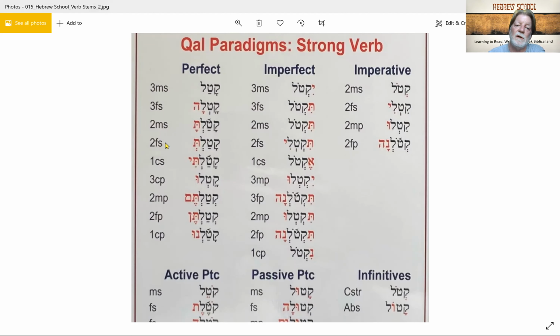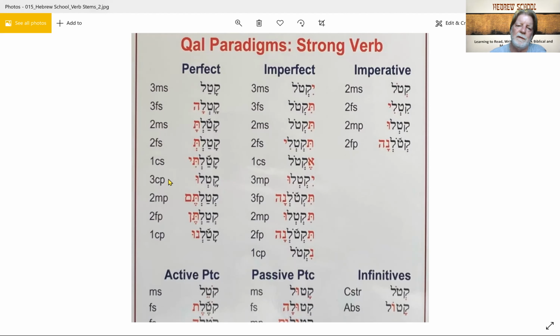Second feminine singular, speaking of a woman, did something. Then we've got the first common singular, that's first person, that's something that I did, whether male or female. Then we've got the third person common plural, not based on gender because it's common.